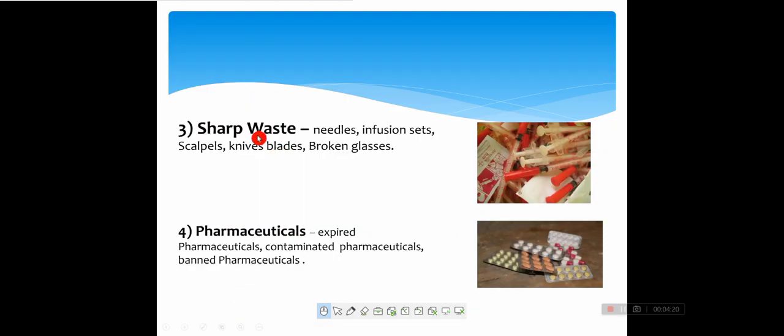After that we have sharp waste, and sharp waste includes needles, infusion sets, knives, blades and broken glasses, as you can see in the diagram. After that we have pharmaceuticals related to drugs. If we have expired pharmaceuticals or banned pharmaceutical drugs, this is also a category.